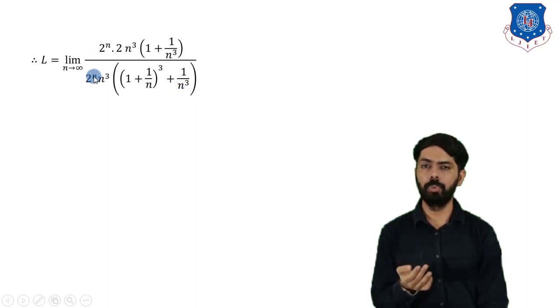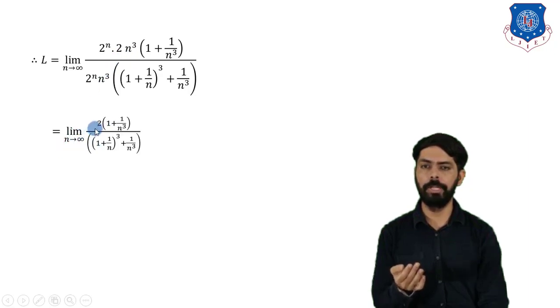So here 2 raised to n cancels out, and in the same way n cube cancels out. So it will be limit n tends to infinity 2 into (1 plus 1 divided by n cube), whole divided by (1 plus 1 divided by n) whole cube plus 1 divided by n cube.